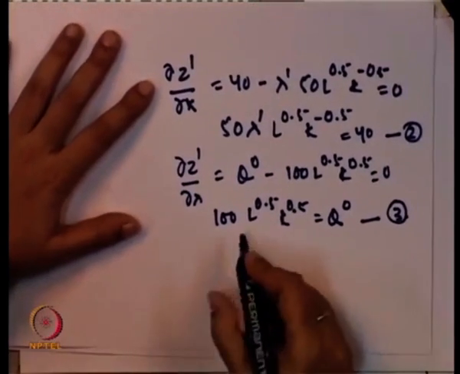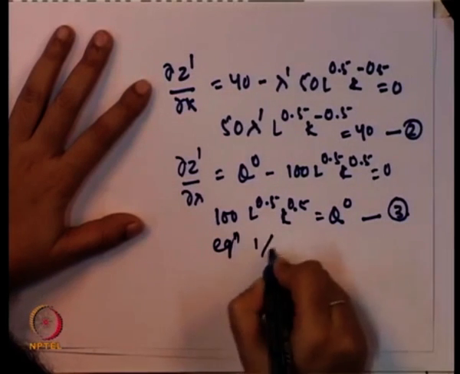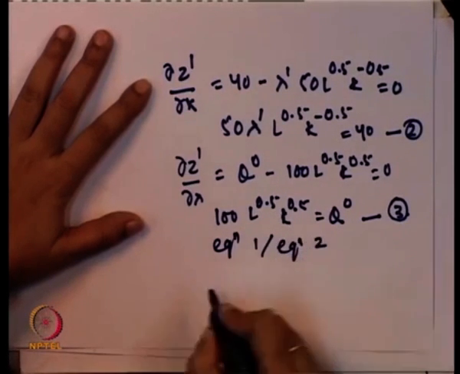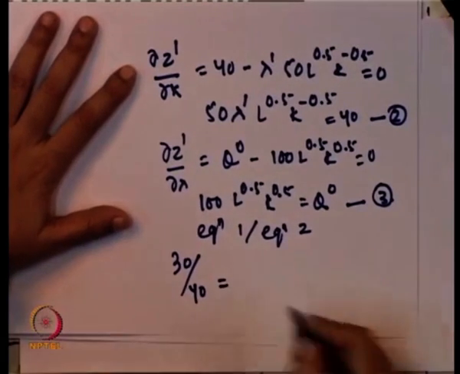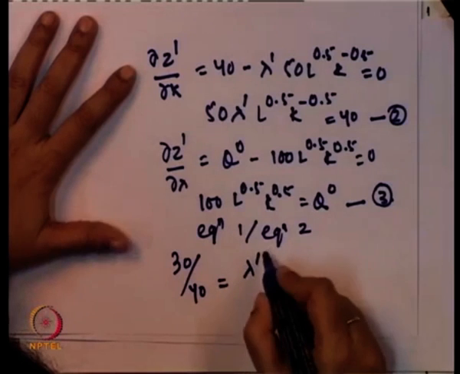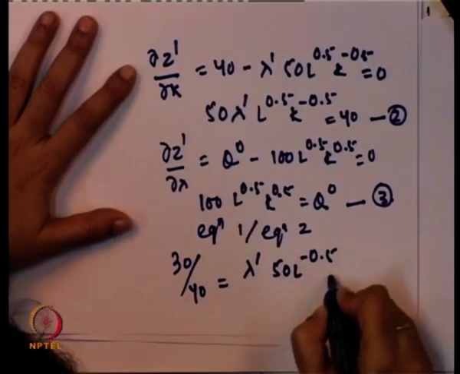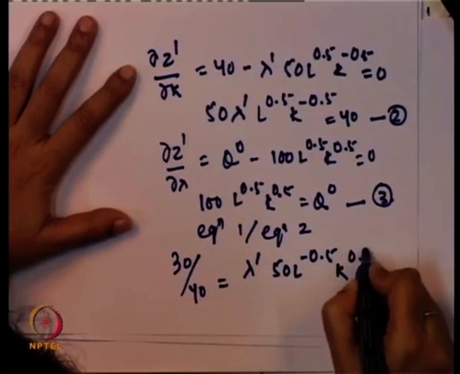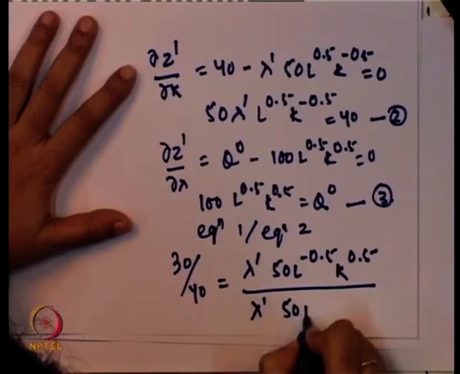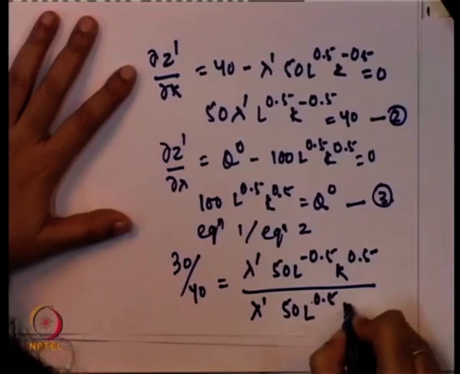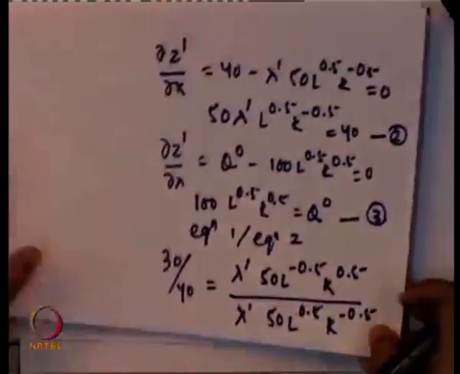So, now if you divide equation 1 by equation 2, then this is 30 by 40 equal to lambda dash 50 L^-0.5 K^0.5 over lambda dash 50 L^0.5 K^-0.5.